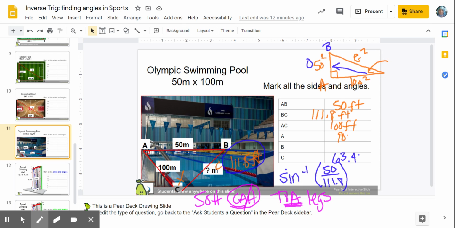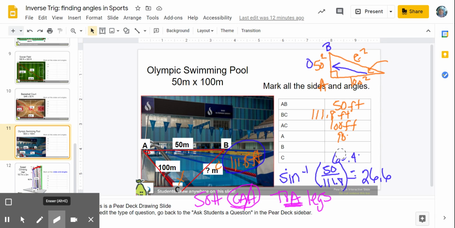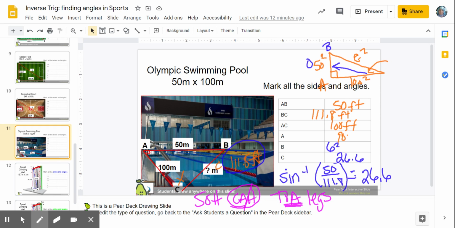Because that's our other angle. So my guess is 0.8. Yep. So sine of this is going to give us 26.6. So angle C is 26.6. You found the other angle. 26.6. And then the other angle is B, which is whatever the other one was, 63.4.